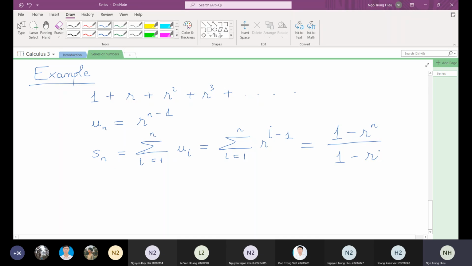Excellent. Now we take the limit as n goes to infinity of the partial sum, 1 minus r to the n over 1 minus r. So we suppose r is not 1, because if r equals 1, then we have 1 plus 1 plus 1, and we know the answer already. So if r is not 1, when does this limit exist?